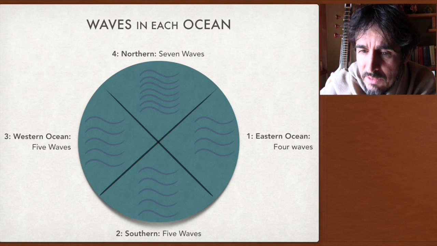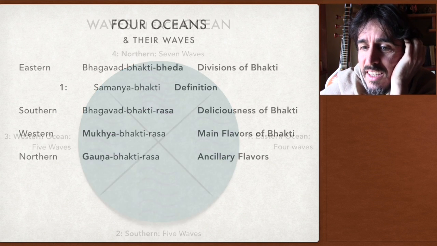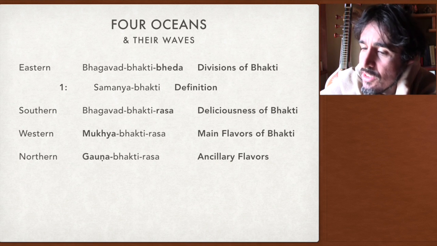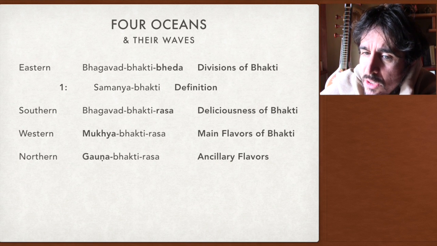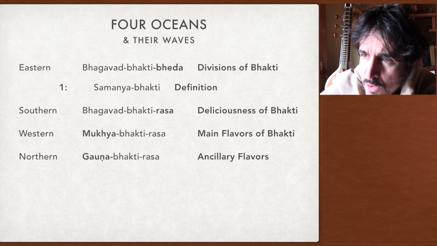Now let's look at what these waves are. The first wave in the Eastern Division, the first wave in the first section of the book, is called Samanya Bhakti. Samanya means like a general view, general consideration, you might say an overview of Bhakti.